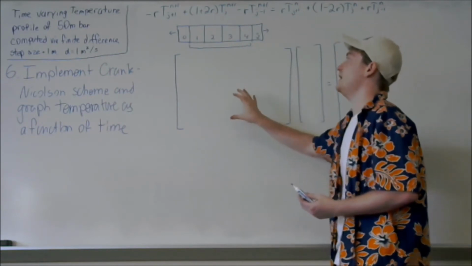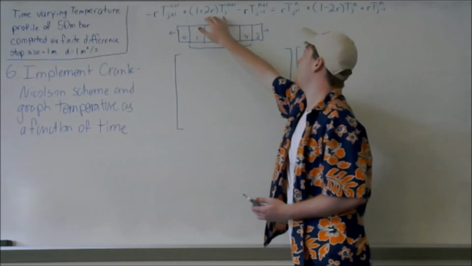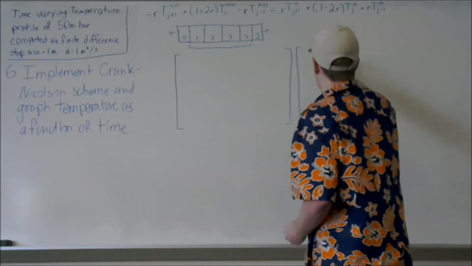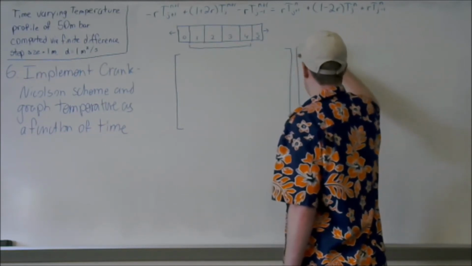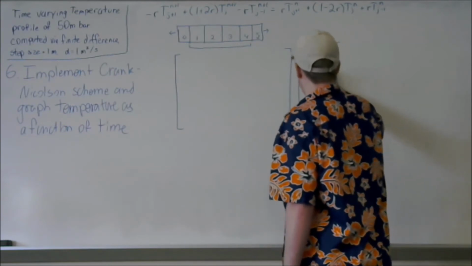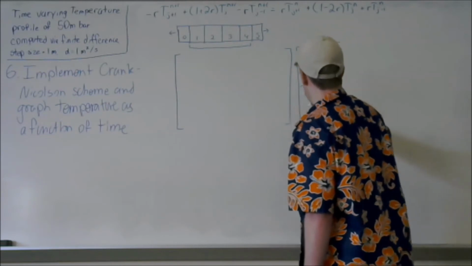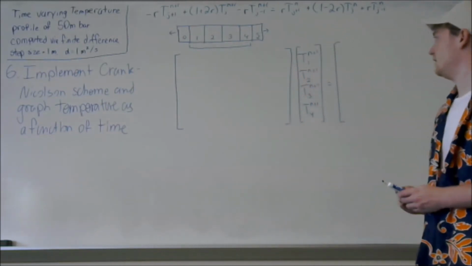We want our matrix equation to reflect what we have written at the top. So down our vertical column, we're going to have T1 at n+1, T2 at n+1, T3 at n+1, and T4 at n+1.